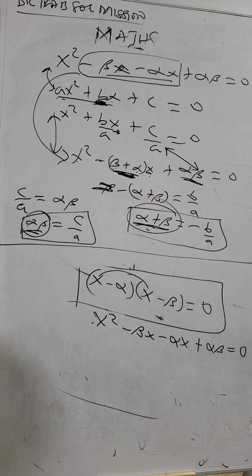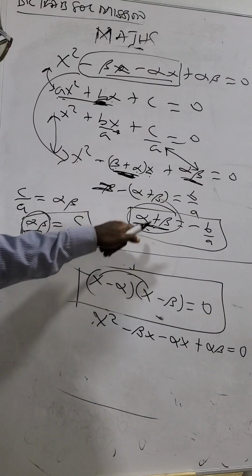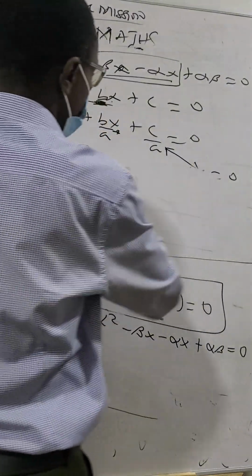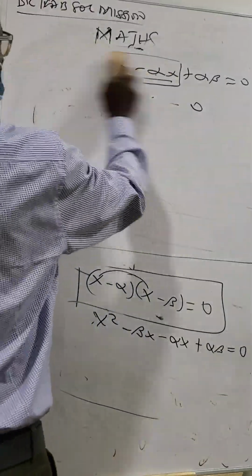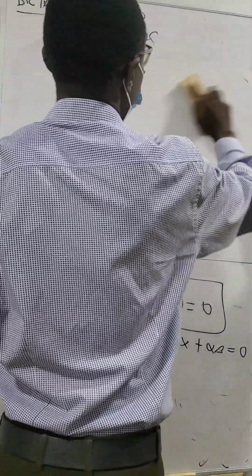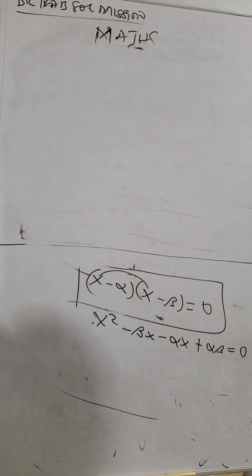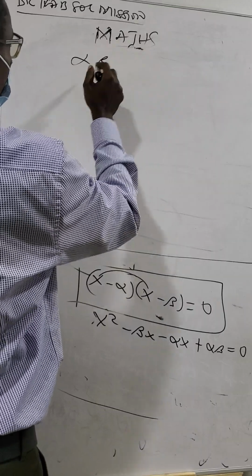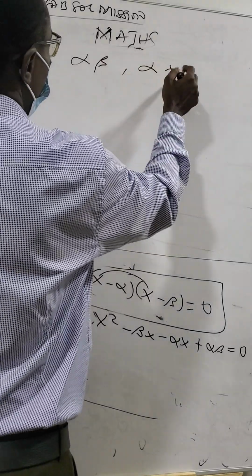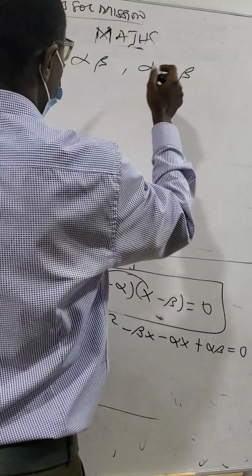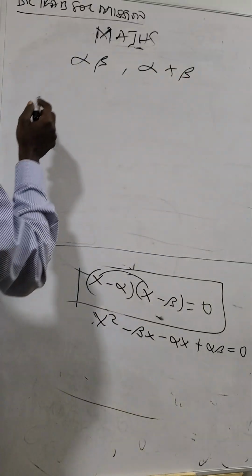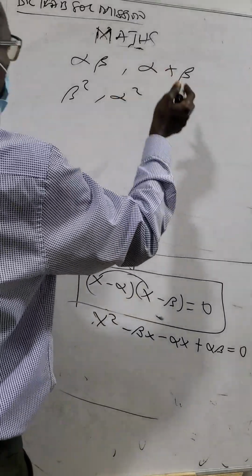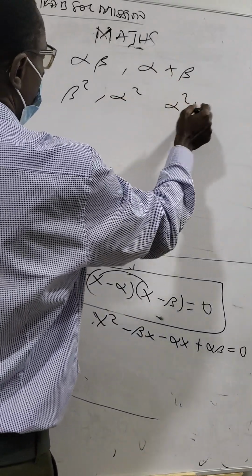So from here, we said we are interested in alpha beta and then alpha plus beta. There can be several expressions for alpha and beta. What you can do, not to commit them to memory, is this: for instance, you can be asked to find beta squared, or alpha squared, or alpha squared plus beta squared.